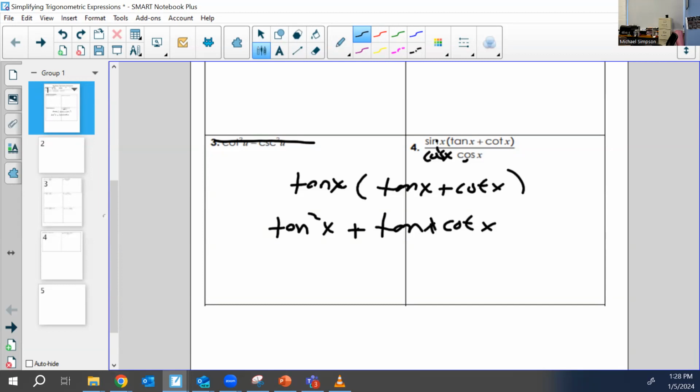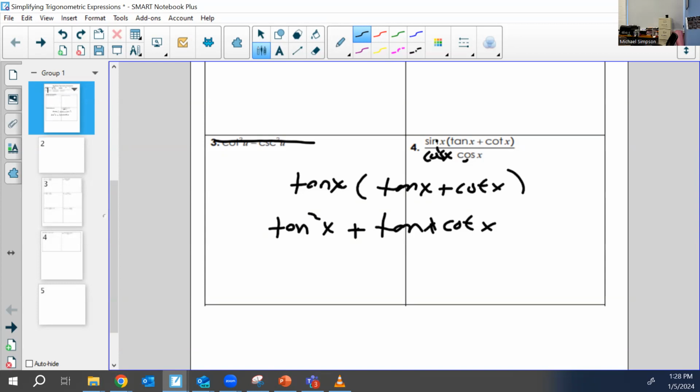Okay, look in your packet. I told you this is not in your packet, but write this down. When you multiply a trig function and its reciprocal, what do you get? You guys remember that? So you have it written down, right?